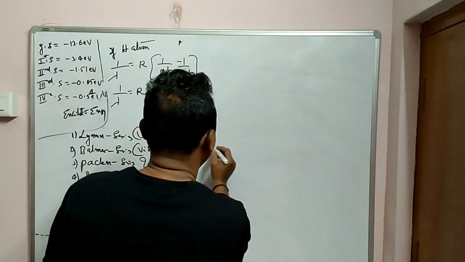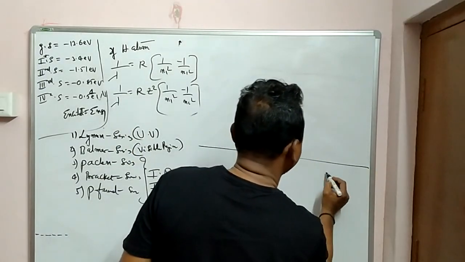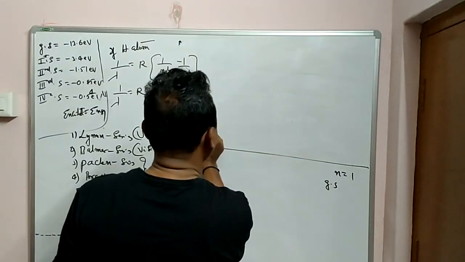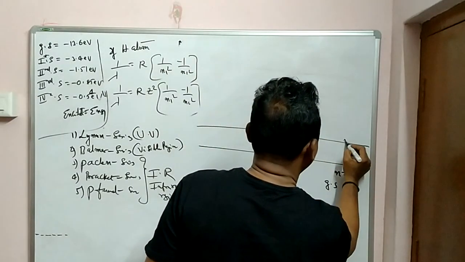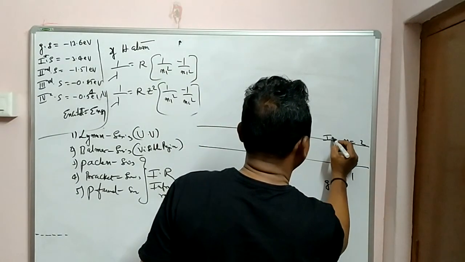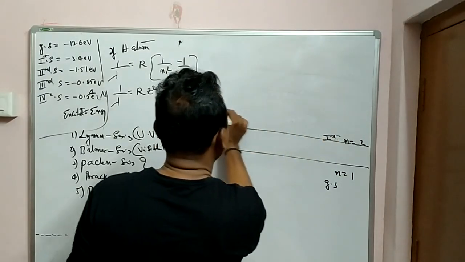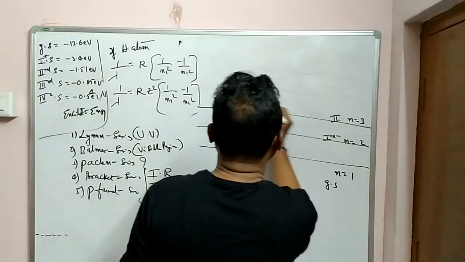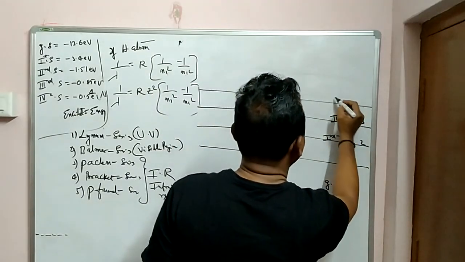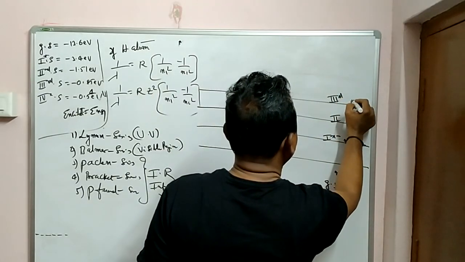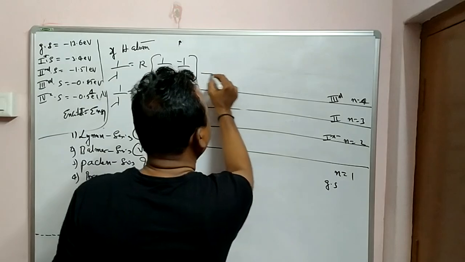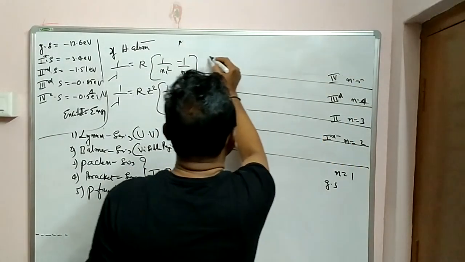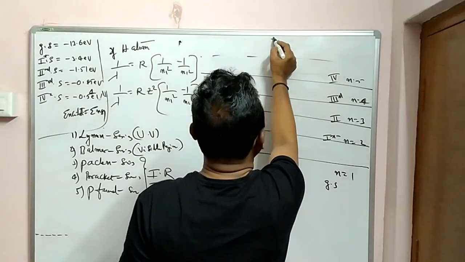Now let us try to draw a nice diagram for the series. Ground state, first excited state, next one, second excited state, n is equal to 3, third excited state, n is equal to 4, fourth excited state, n is equal to 5, and finally infinity.